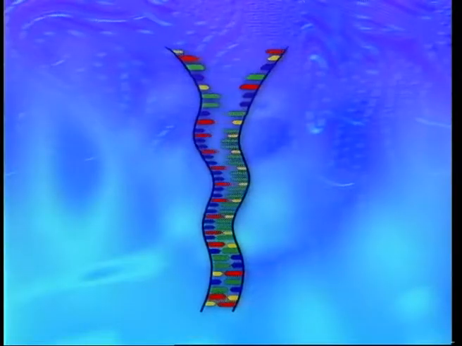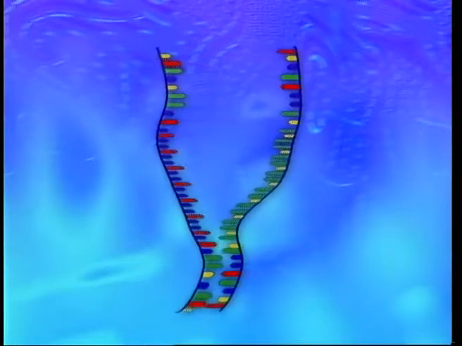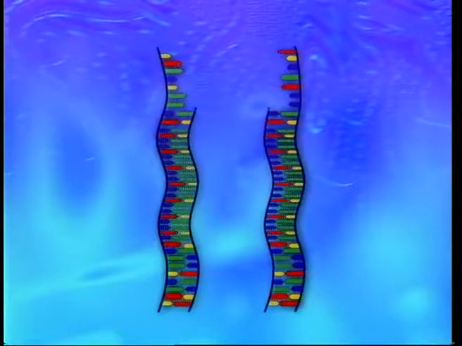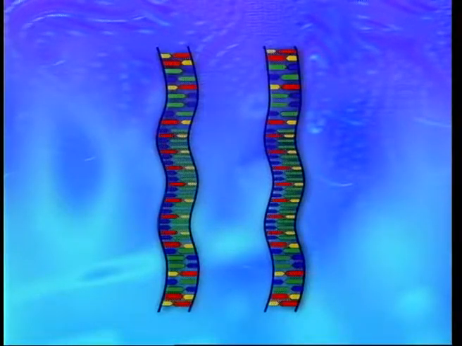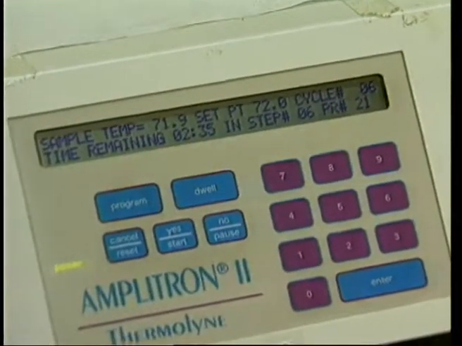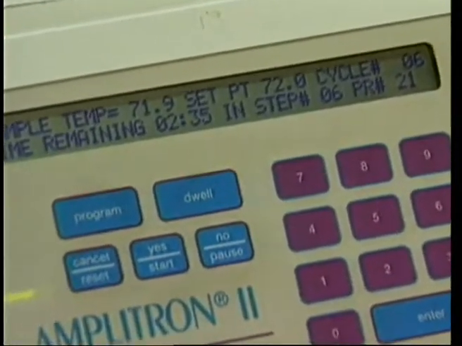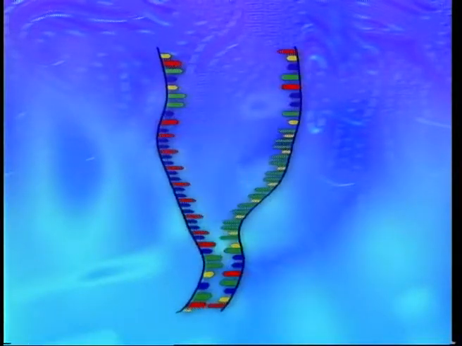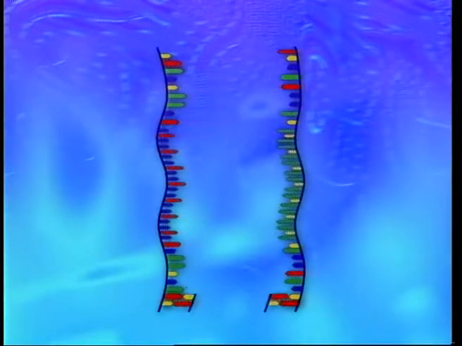During the heating cycles, the two strands of the DNA separate. During cooling, the DNA polymerase makes a copy of each of the strands, producing two identical molecules. 30 such cycles produce about 30 billion copies of the target sequence.